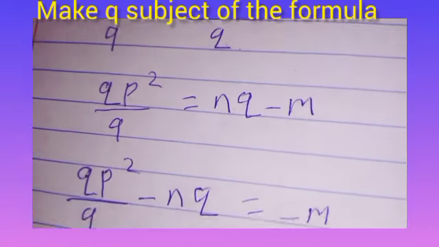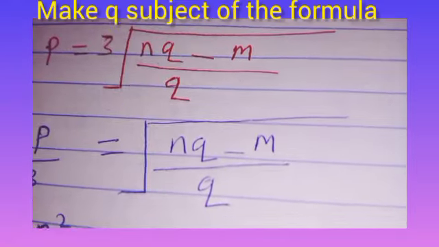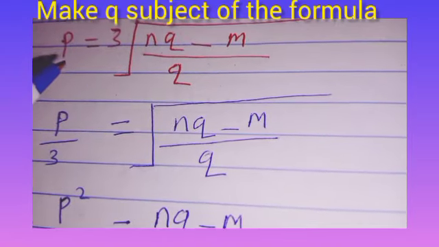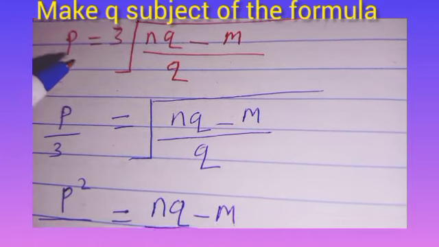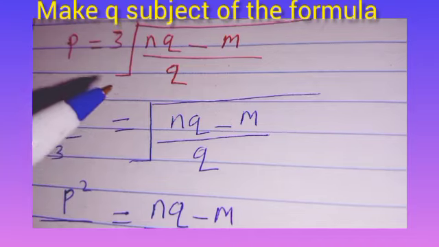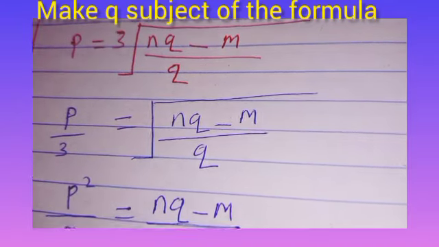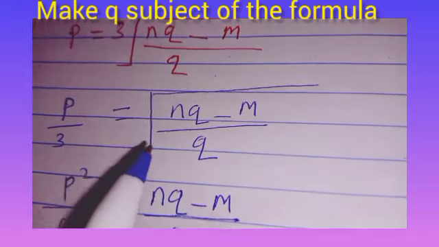A recap of what we have done. You are required to make Q the subject of the formula. So the first thing which you do here is you divide both sides by 3 as shown here.